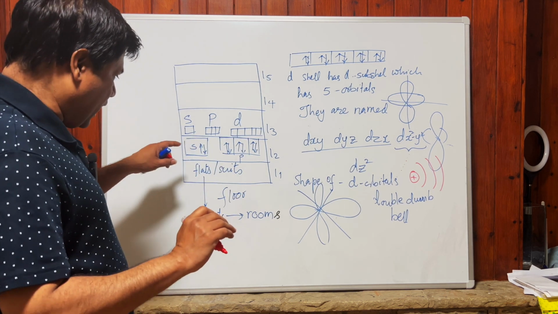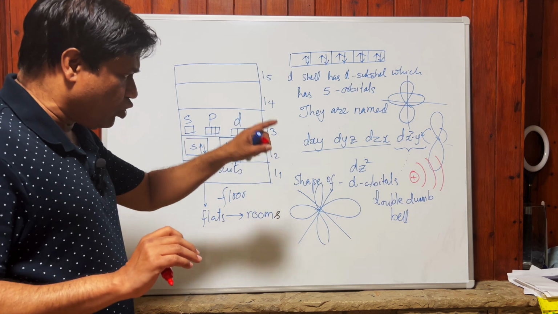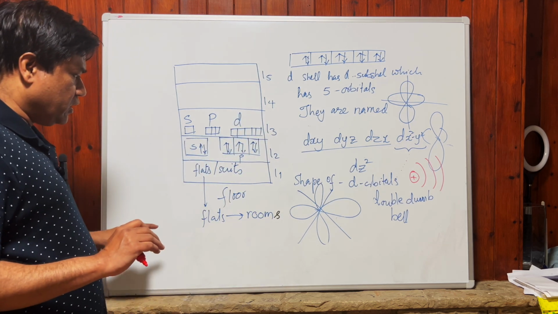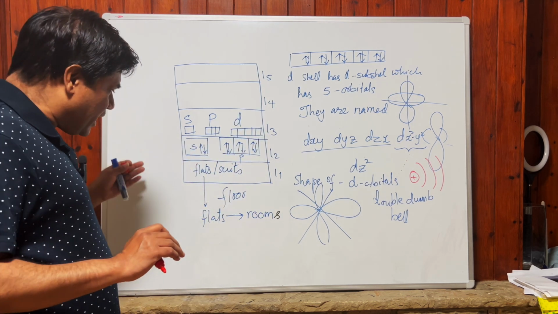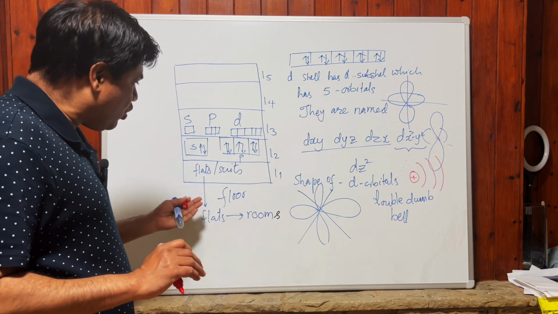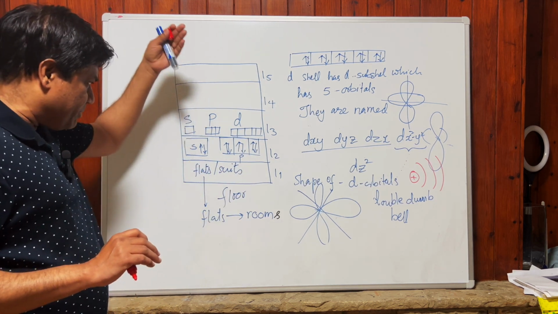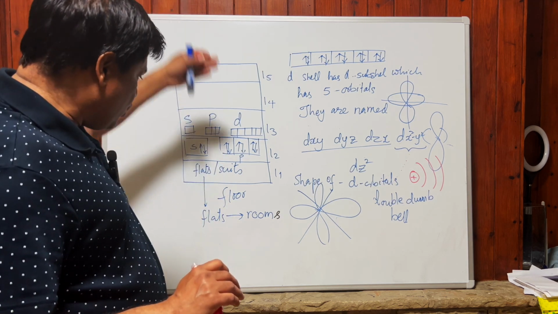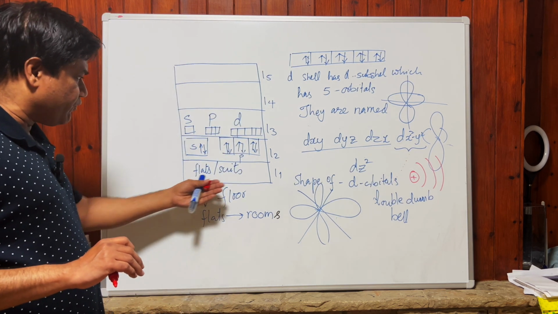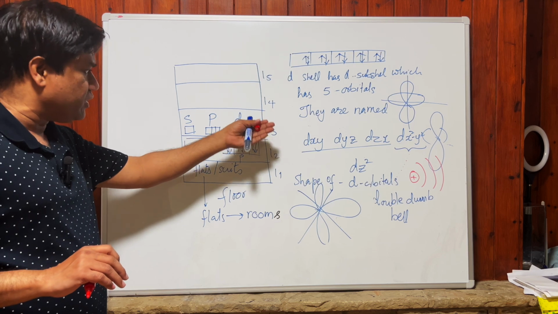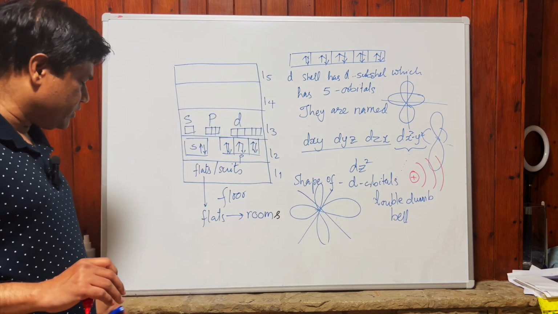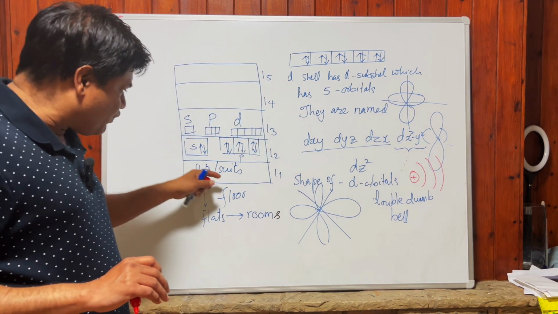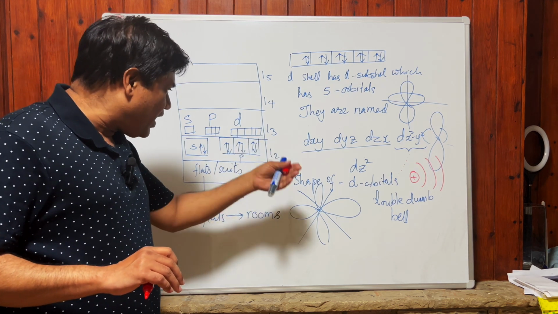Each shell or energy level, we can compare to a floor or level. A big building has different floors, like level 1, level 2, level 3, level 4, level 5. On each floor you can find flats.